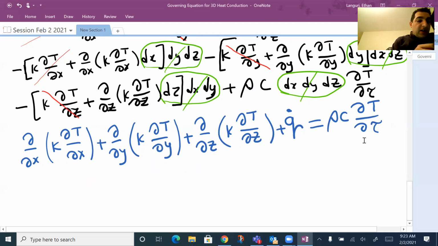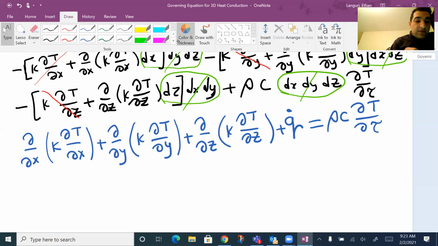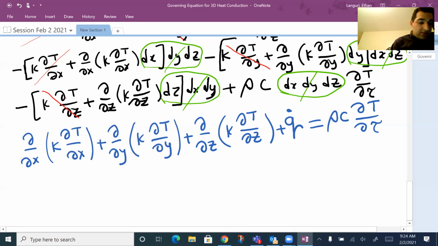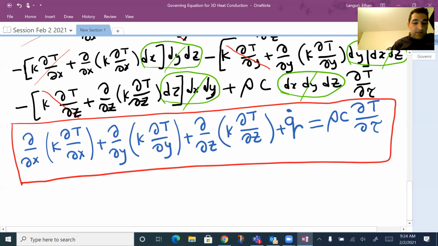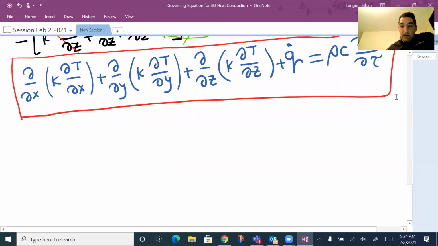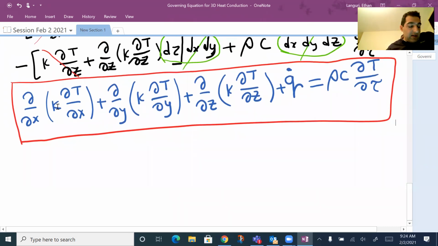So this is one final form that we have for 3D conduction. Let's put this in a nice block showing that this is my final form. Here, as you notice, k is within the parentheses under del over del x, same thing under del over del y and del over del z.